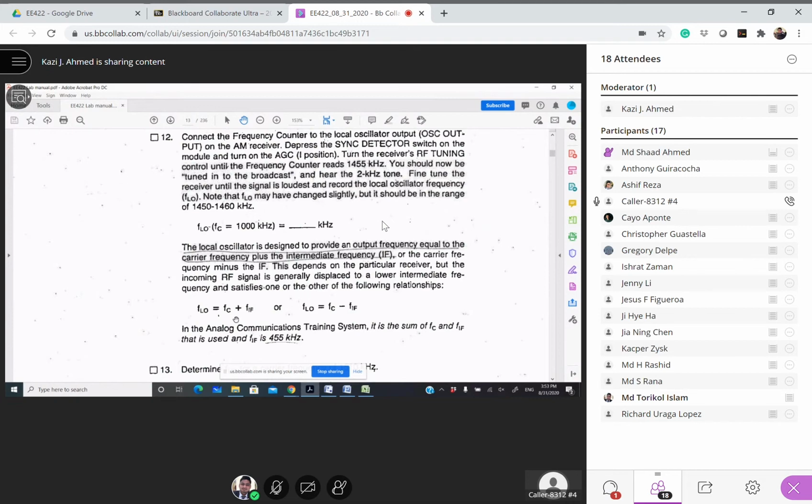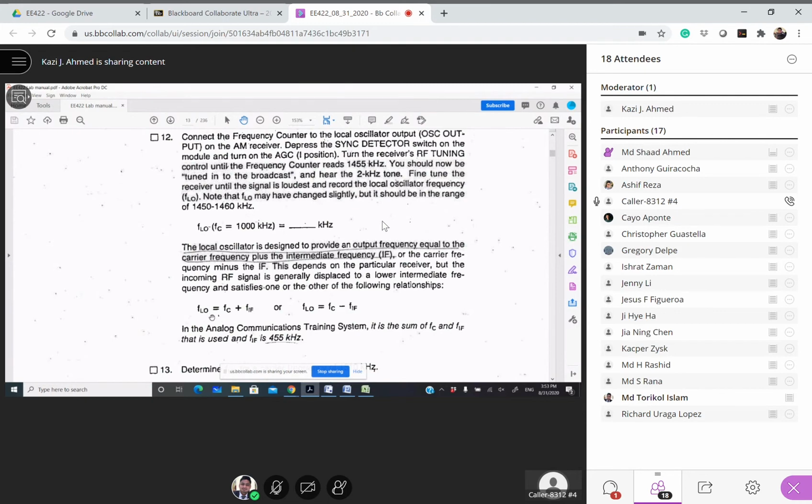But here, the local oscillator has to have this strong relation. For this particular device, the IF is always fixed at 455 kilohertz. This is a fixed value, always constant, for this equipment.